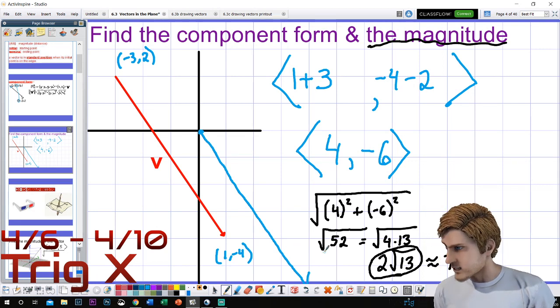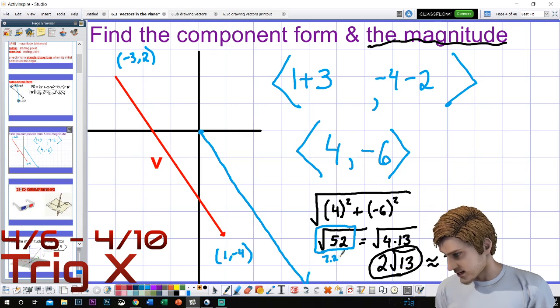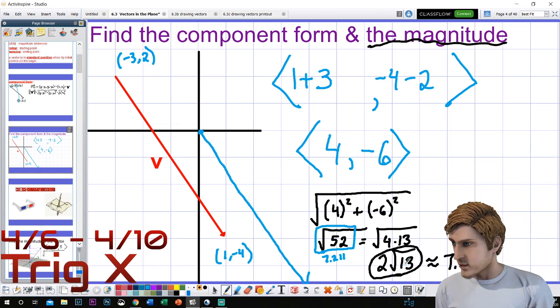All you have to do is go back to that original square root that you started with, the square root of 52, and type that into your calculator. That should give you the exact same decimal value as when you reduced it. So that indeed is 7.211, and so is that, so I know that I reduced this correctly. So my magnitude, or the distance of this vector from start to finish, is about 7.211.